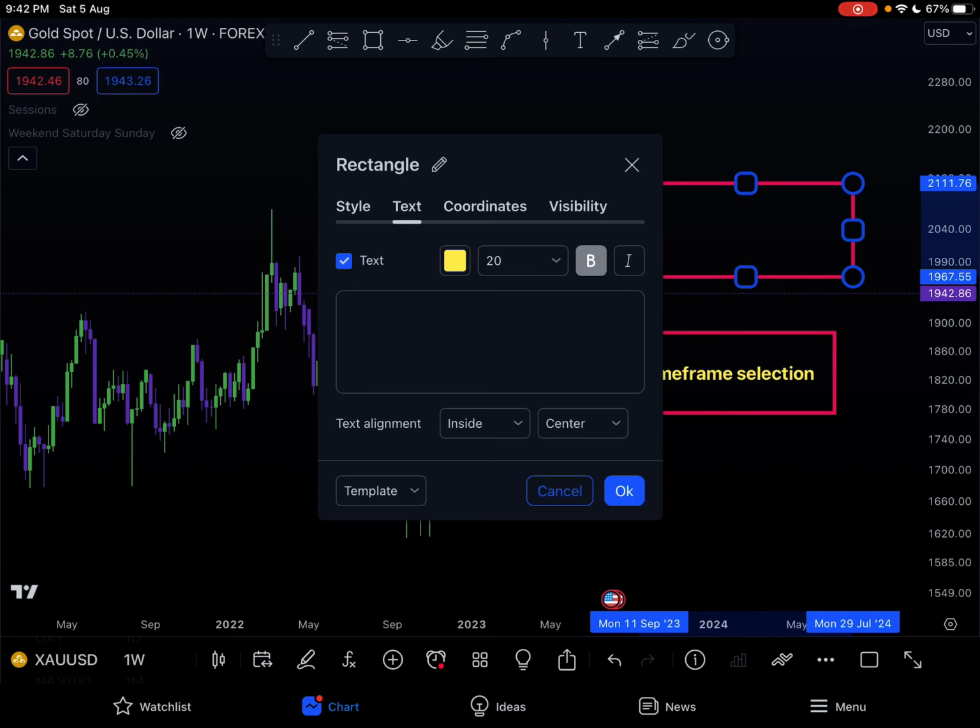Let's say fair value gaps or order blocks or liquidity grabs, things like that. These are happening on all time frames, okay? And our job, again, is to just understand how we can keep this to our advantage, okay?